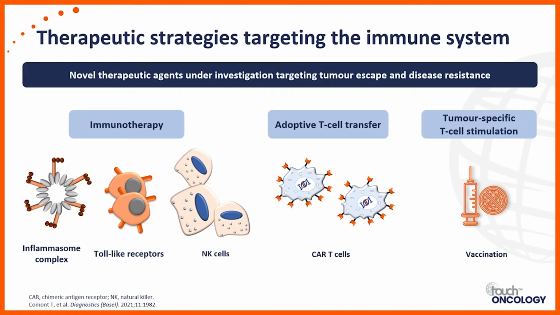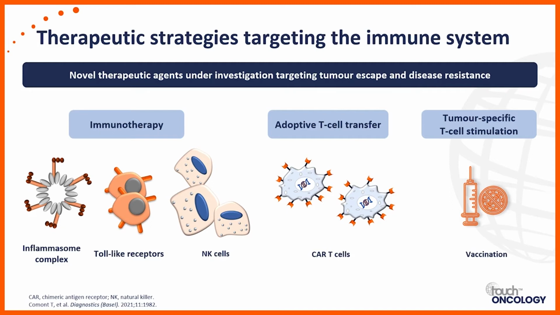So immunotherapy is thought to target the inflammasome that we know is at the basis of progression of MDS to higher-risk MDS, or even to the maintenance of lower-risk MDS with cytopenia. Targeting toll-like receptors is also a novel approach, as well as eliciting NK cell function.